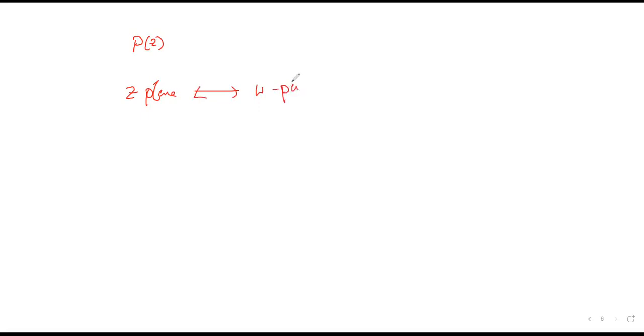This transformation is known as bilinear transformation. The z is given as (w plus 1) divided by (w minus 1). Likewise, w is also given as (z plus 1) by (z minus 1), where w is sigma plus jω. This is almost similar to your s plane, but they are not exactly the same. And because of that, you cannot exactly find out the pole location, and that cannot give you the stability information.